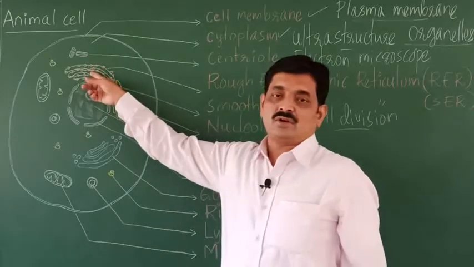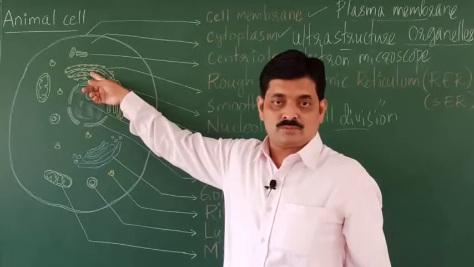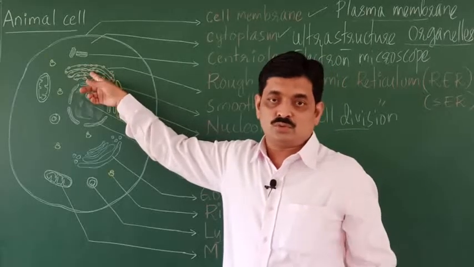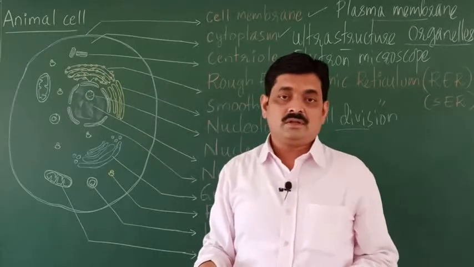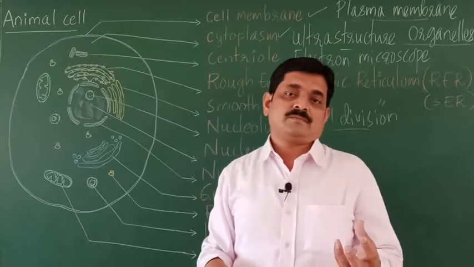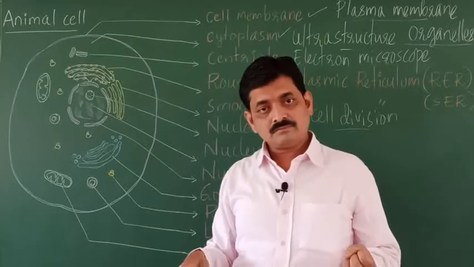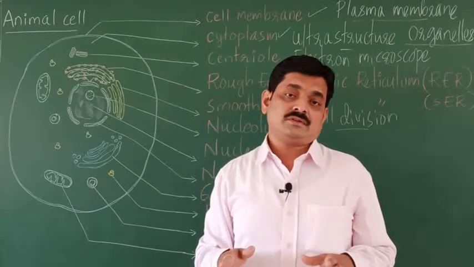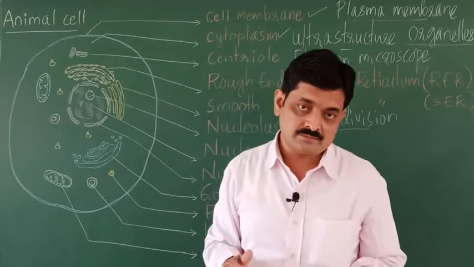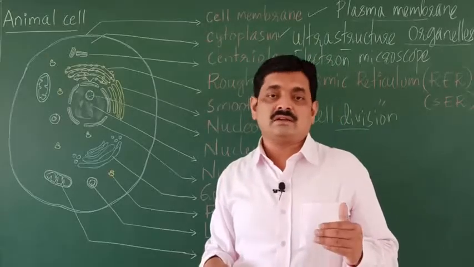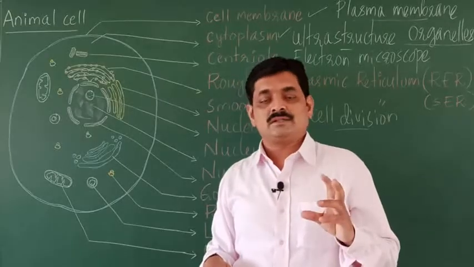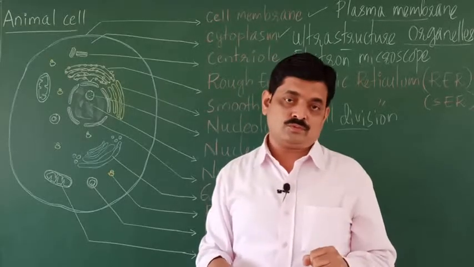Because of the presence of these particles, this endoplasmic reticulum appears rough. Because of ribosomes attached to the surface of ER, it gives a rough appearance, so it is called rough endoplasmic reticulum. Understood? So roughness is due to the particles of ribosomes.